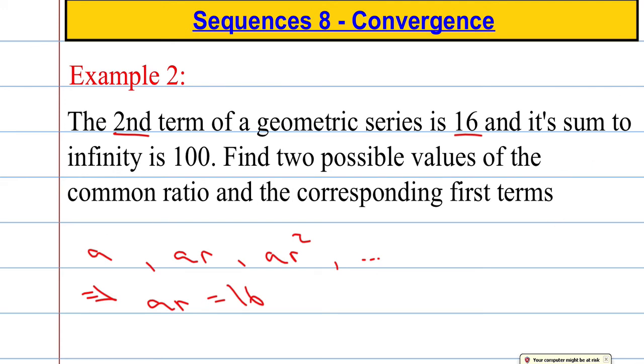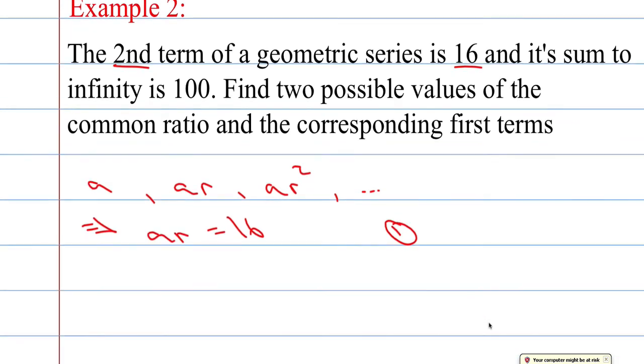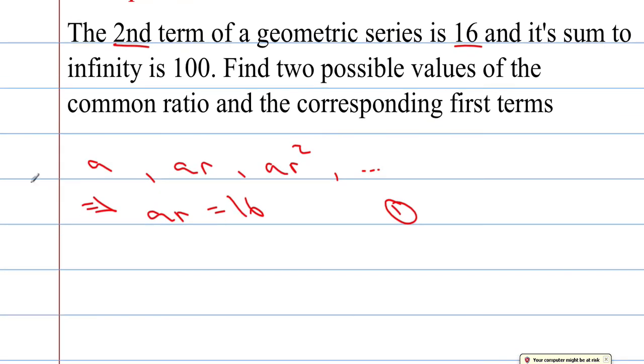Okay, so that's one piece of information. In fact, I'm going to call that equation 1. Now we're told its sum to infinity is equal to 100, which means that a over 1 minus r is equal to 100.